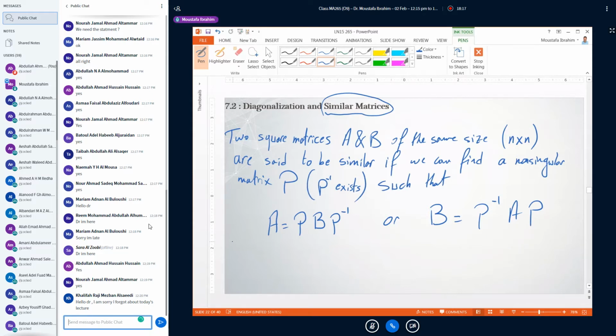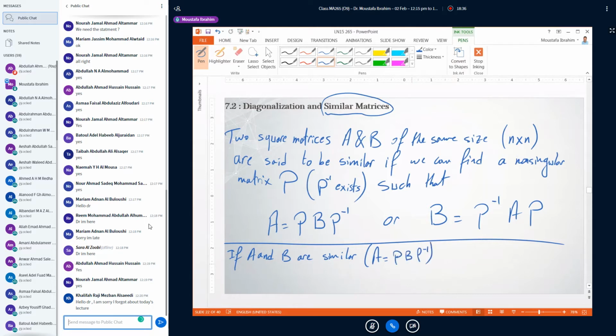And for these two matrices, we have some properties. If A and B are similar, which means directly you write A equals P B P^-1, then: first property, they have the same eigenvalues.